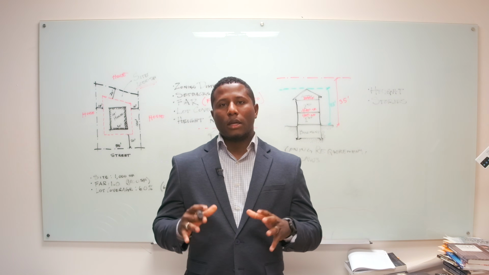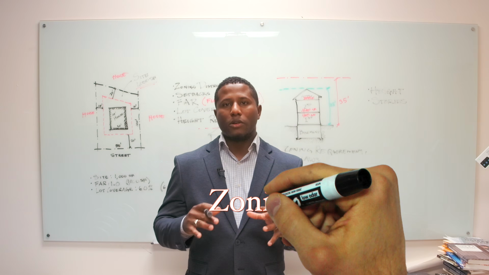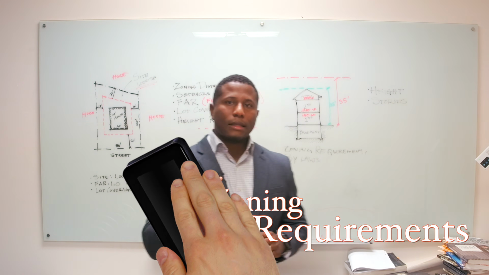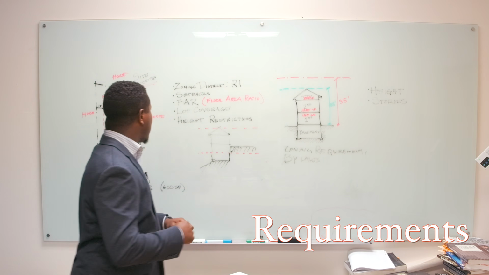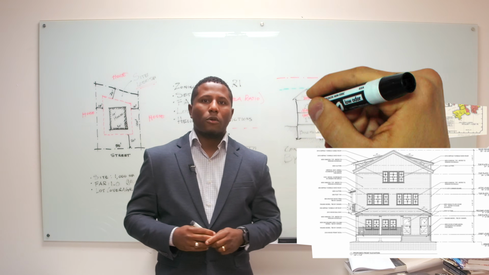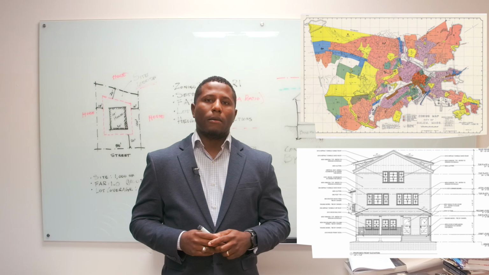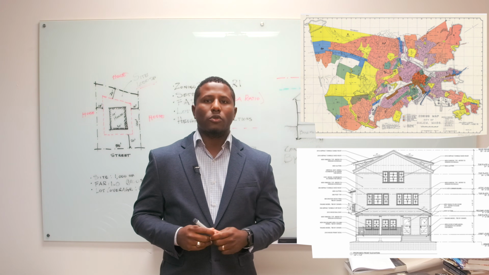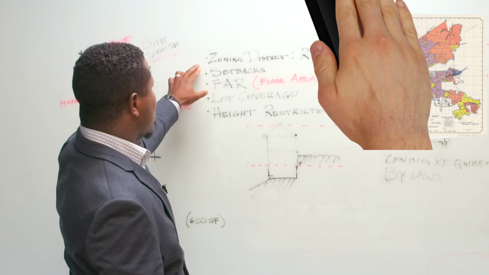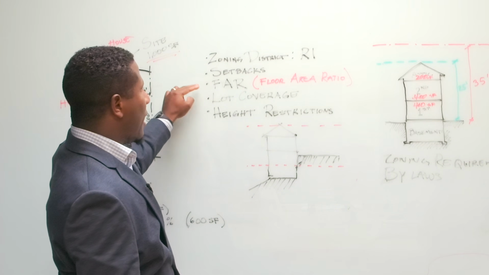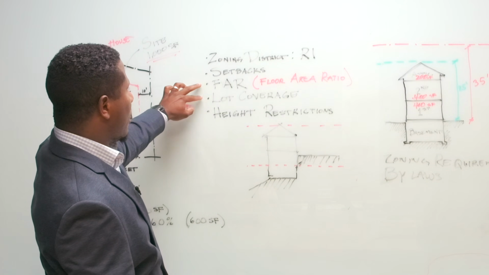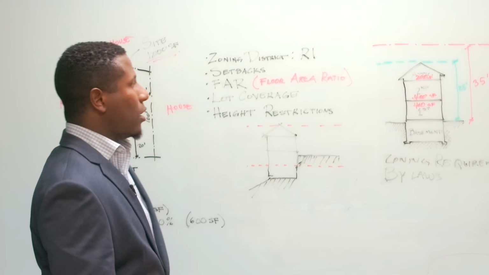We're going to continue today to discuss our video series on zoning requirements. In this class, we're going to focus on height restrictions. As you already know, if you follow the videos we already have on YouTube, we went into detail to talk about zoning districts, setbacks, FAR or floor area ratio, and lot coverage, and the difference between FAR and lot coverage.